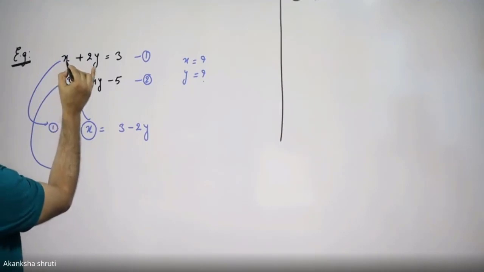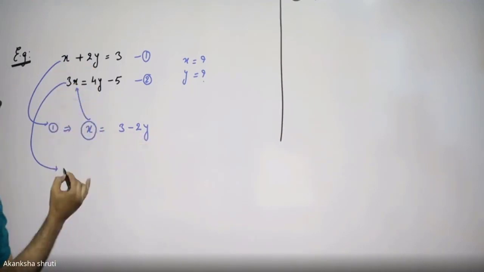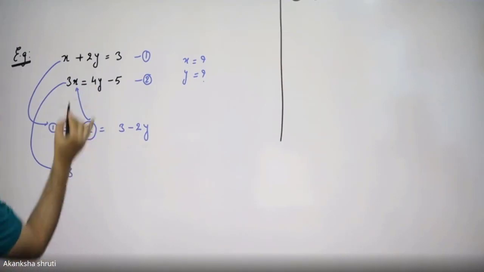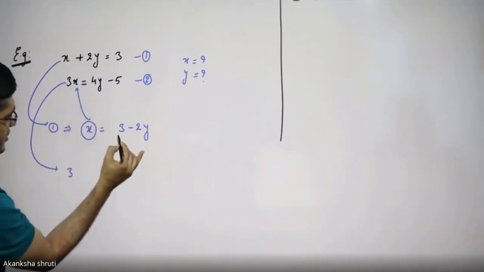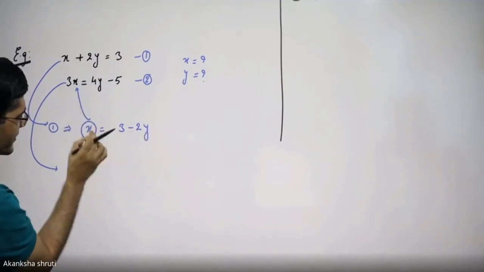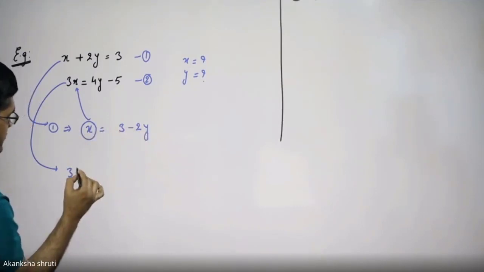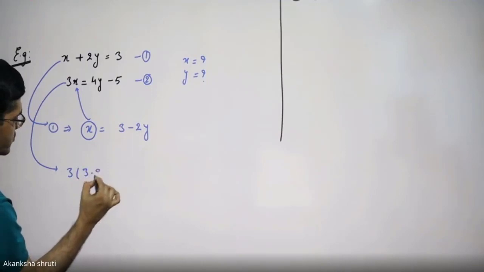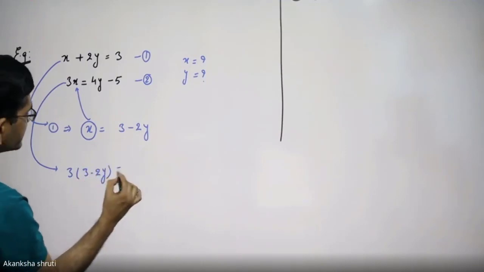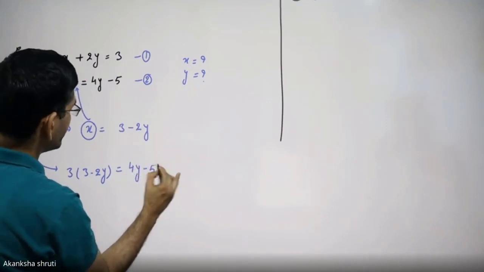So from equation 1, I am calculating the value of x and I am substituting it in equation 2. So substitute it. How much is x? x is now 3 minus 2y, though this x is in terms of another variable. So I will substitute 3 minus 2y is equal to, the right hand side is already 4y minus 5.